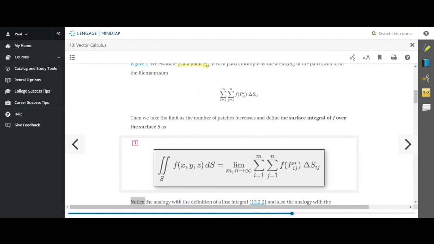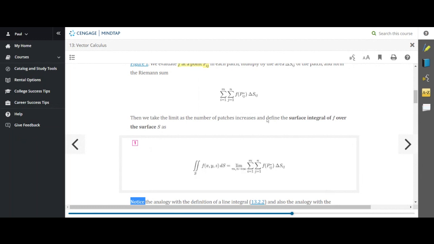If you take the limit, you get a double integral with respect to dS, capital S. That's called a surface integral of the function over the surface S. Are there any questions so far? This is analogous to how we developed the line integral concept.